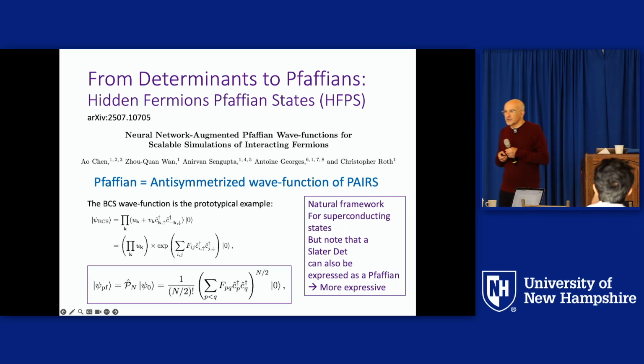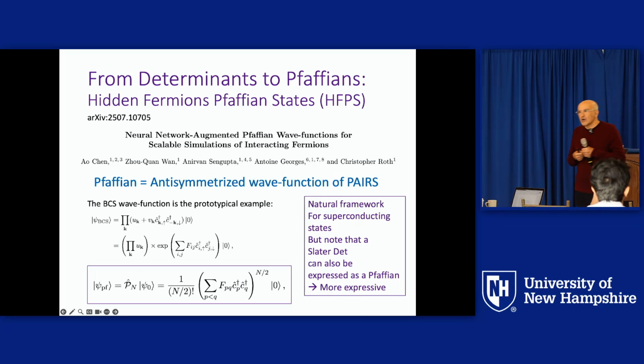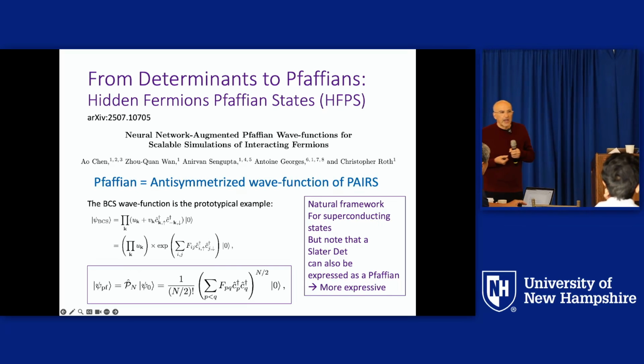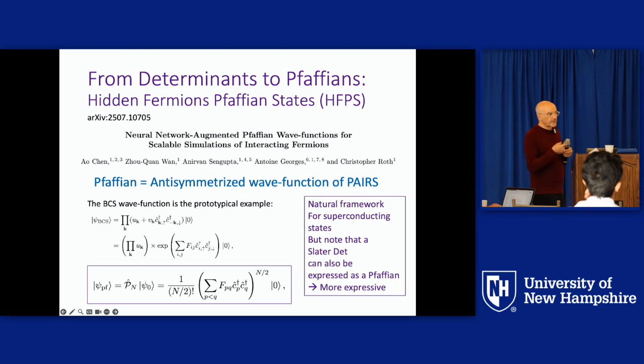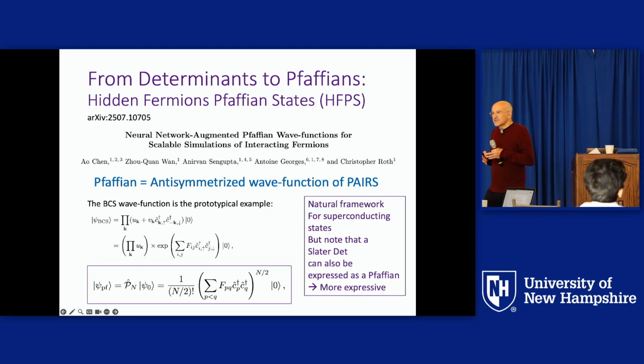Another reason, which is perhaps even more important on the technical side, is that, as you will see, switching to Pfaffians allows a much more efficient implementation of symmetries, and hence to go to much larger systems. And now with the hidden fermion Pfaffian wave functions, Chris and Aoshen can actually simulate systems with several hundred sites.